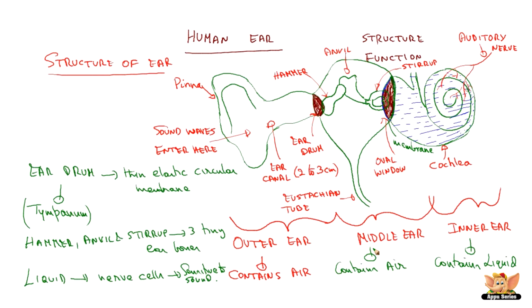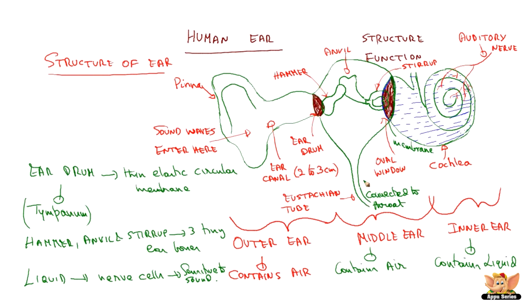So, having understood the structure of the ear, outer, middle and inner: in the middle ear, sound waves enter from the outer ear, and there are 3 tiny bones connected to each other. And the tube that we see here is the Eustachian tube, which is connected to the throat.